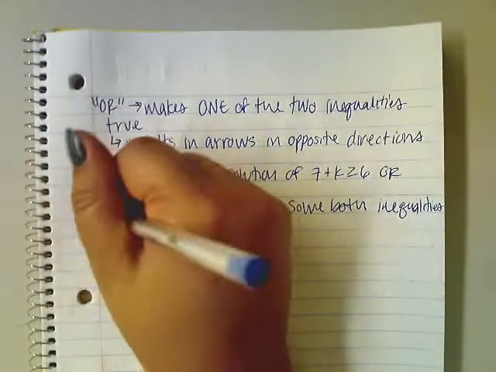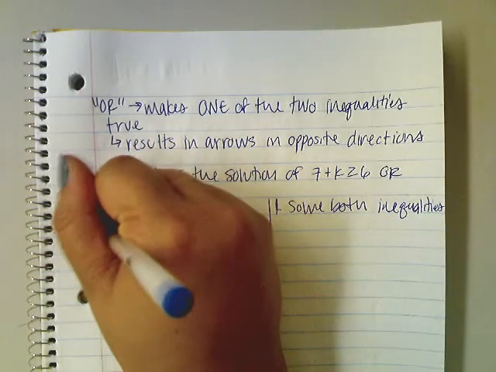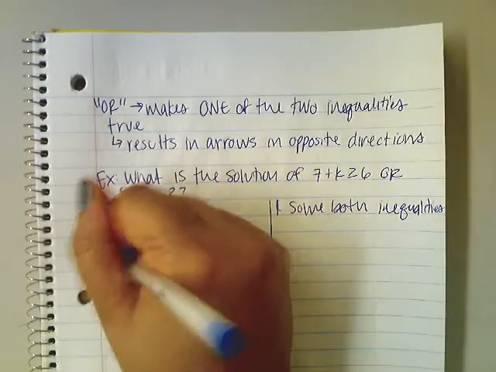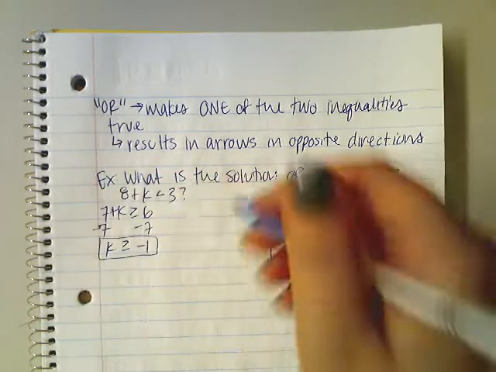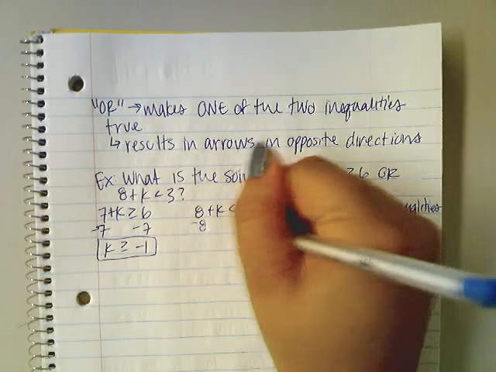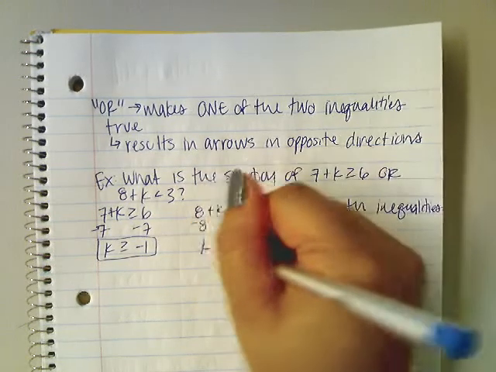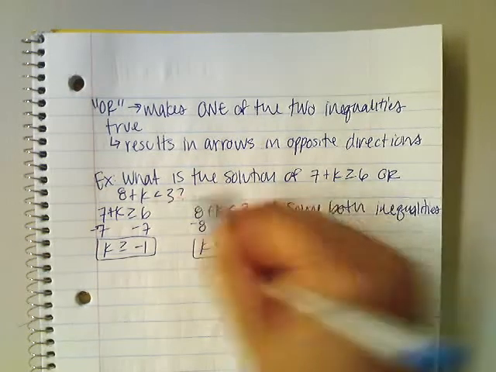I have 7 plus k greater than or equal to 6. I'm going to subtract 7 from both sides. k is greater than or equal to -1. That's my first one. I'm going to do the same thing. 8 plus k is less than 3. Subtract 8 from both sides. I get k is less than -5. So those are my two solutions.